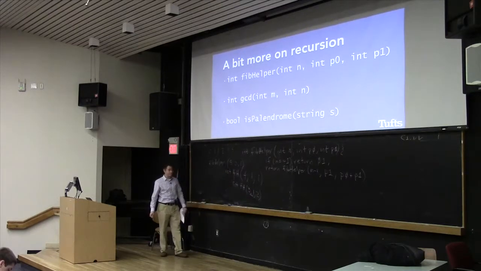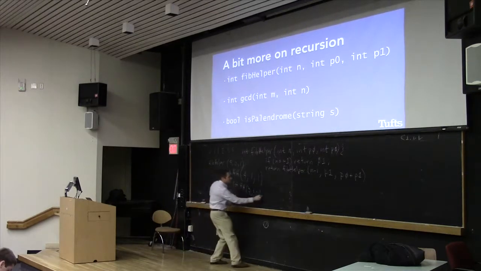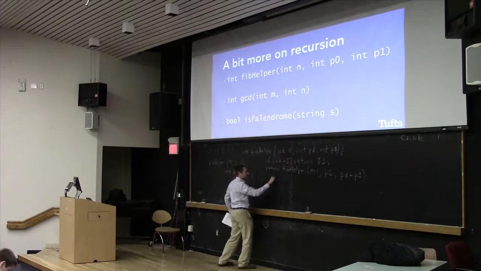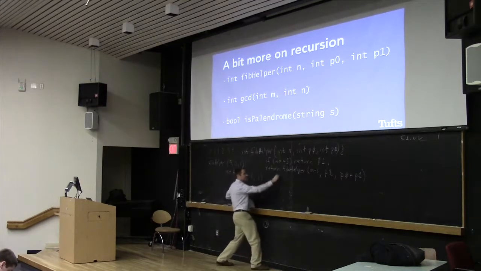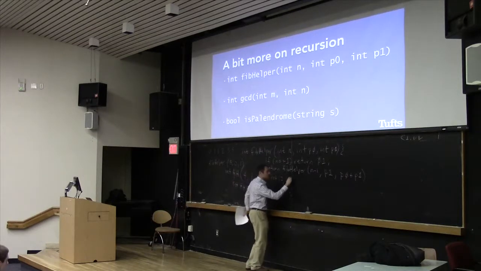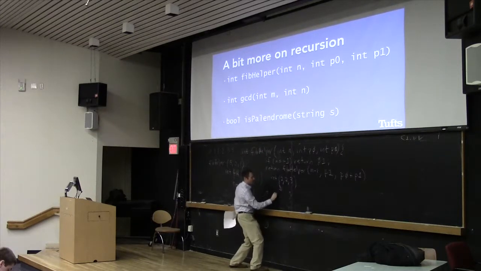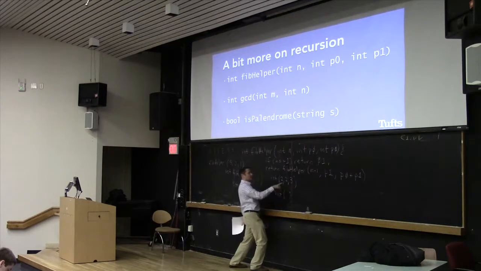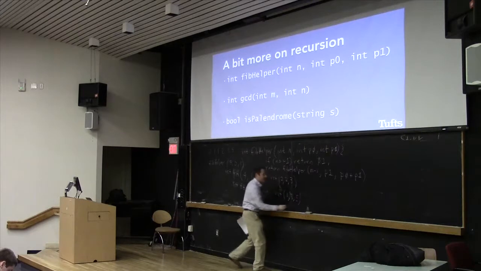So far, so good. This one returns 2, and then 2, and then 2 plus 1, which is 3. And then this one returns, let's see, 1, 3, and 5.